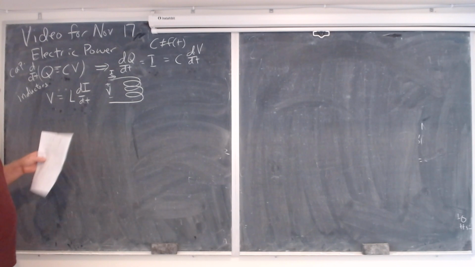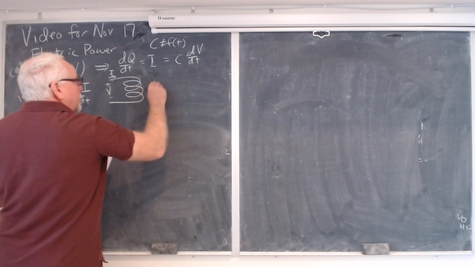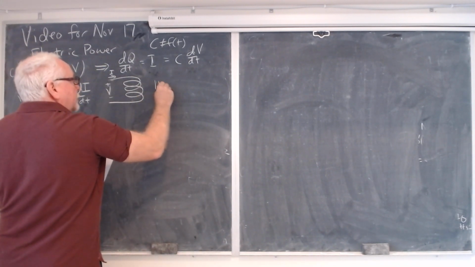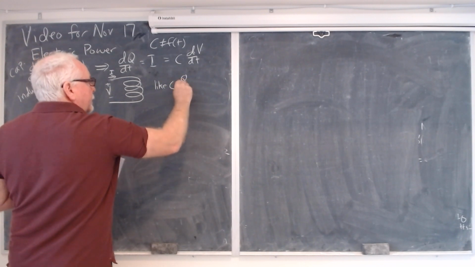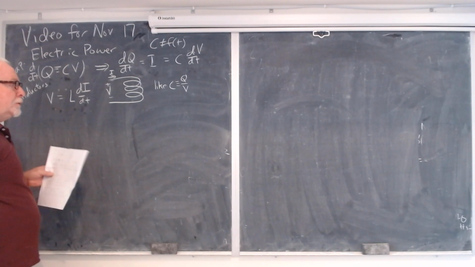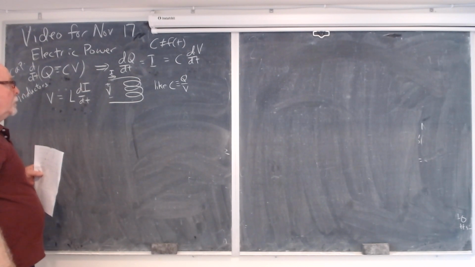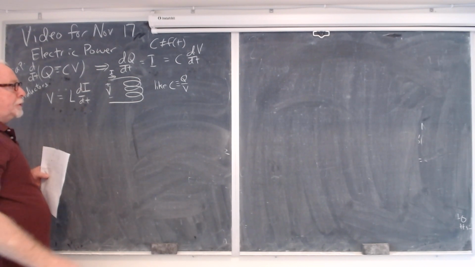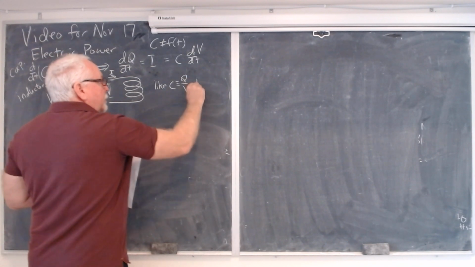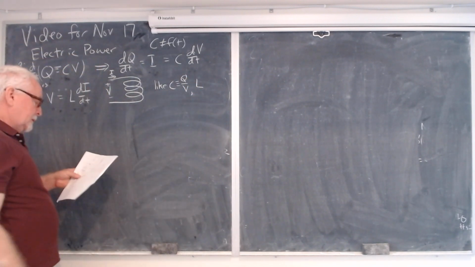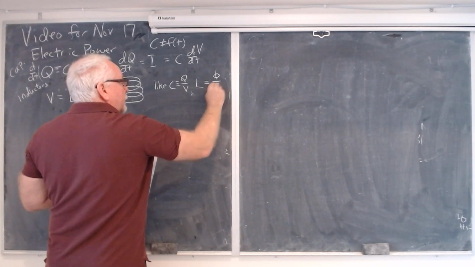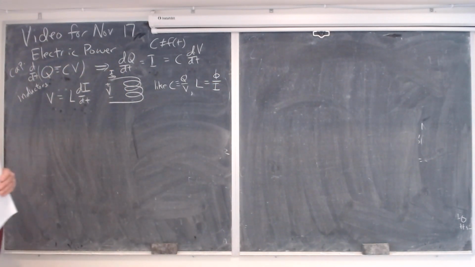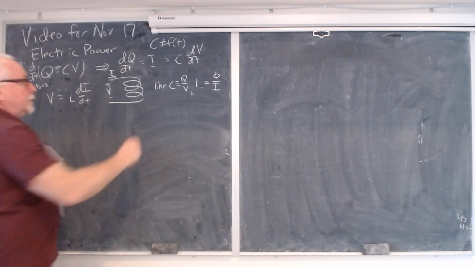And analogously to how C is defined as Q over V, charge per voltage on the capacitor, L is phi over I. Now, what is phi?